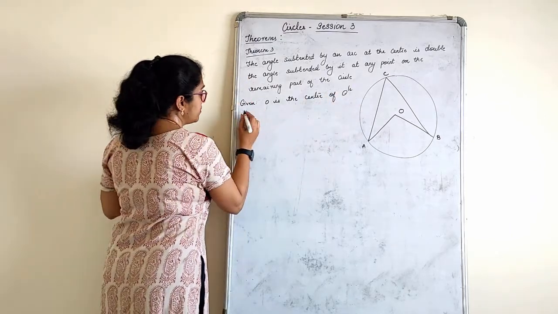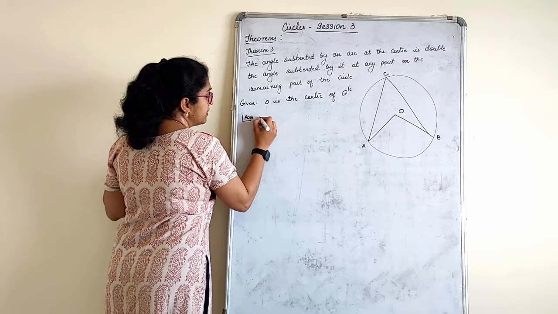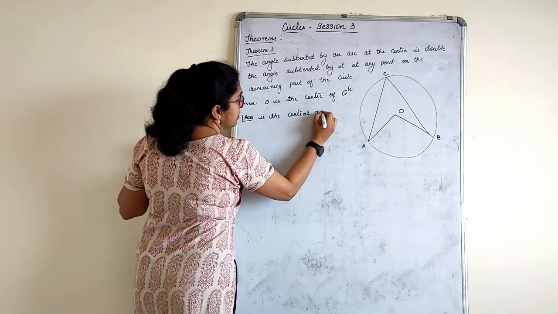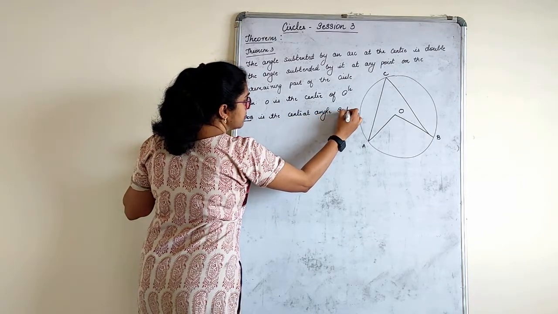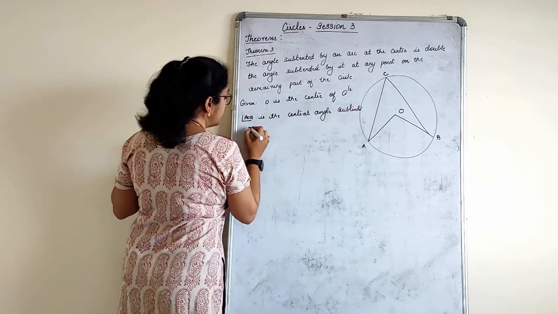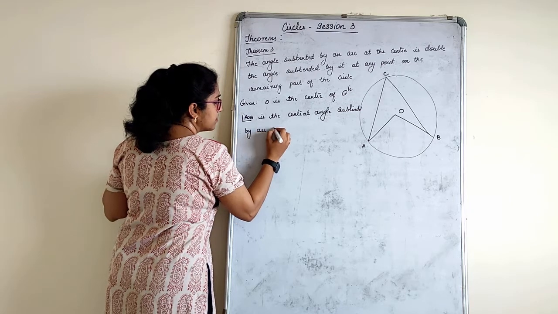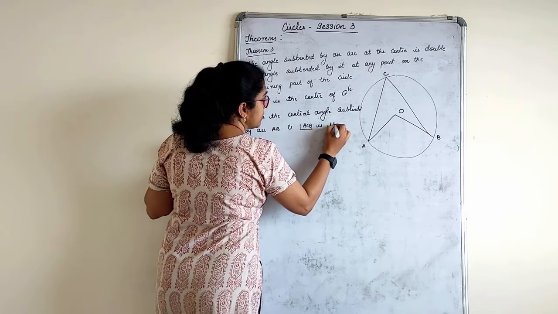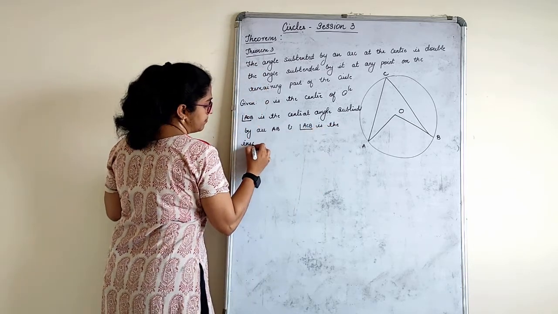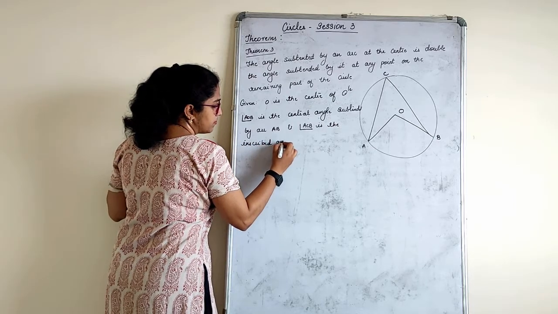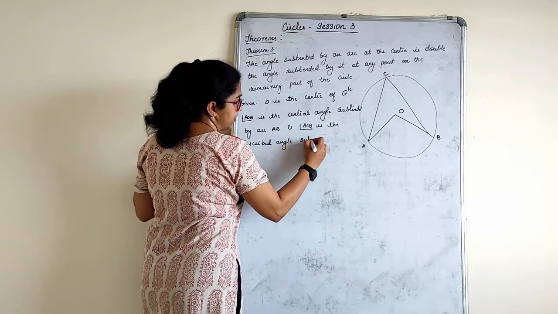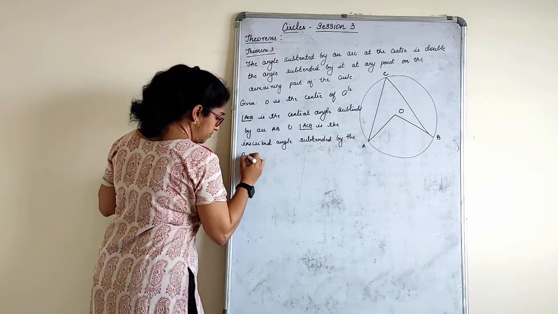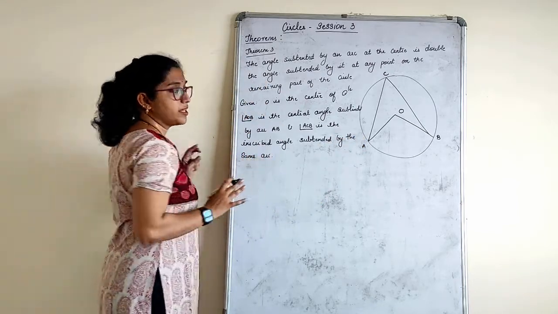Then angle AOB is the central angle subtended by arc AB, and angle ACB is the inscribed angle subtended by the same arc. This is the given.